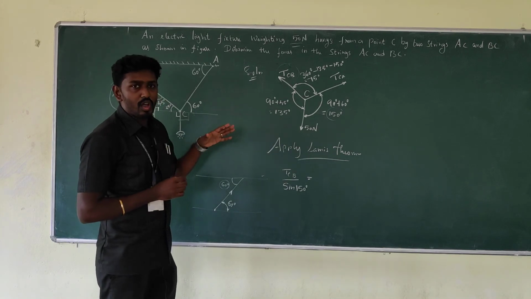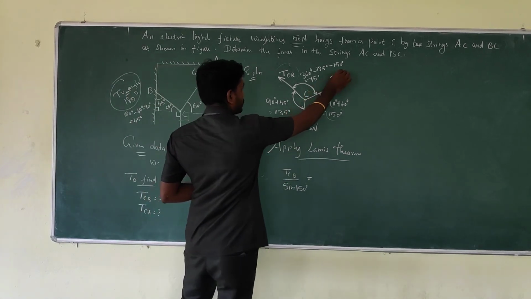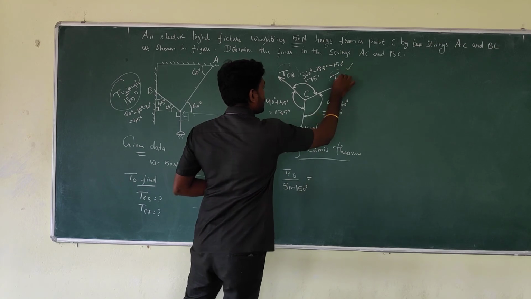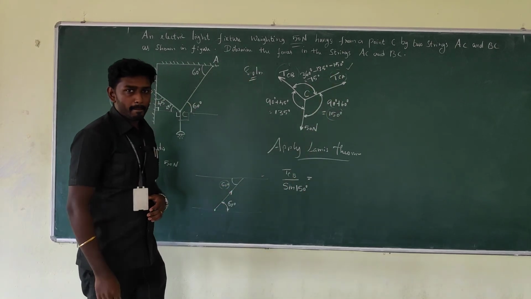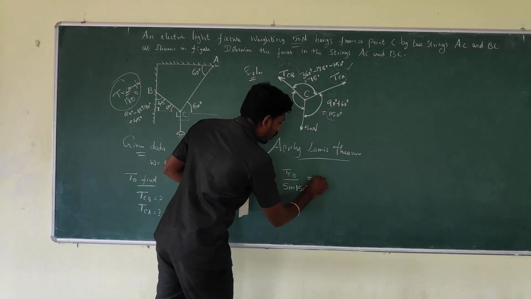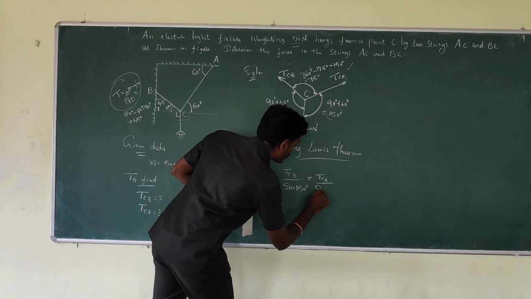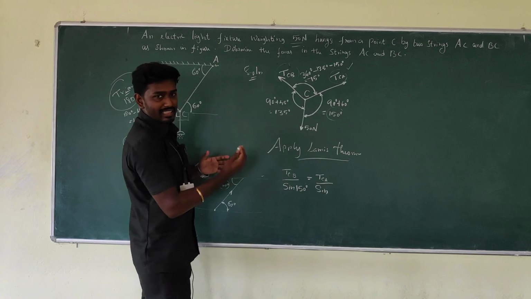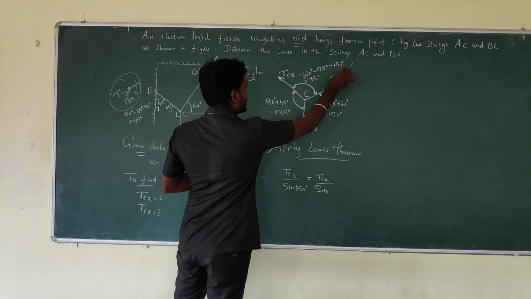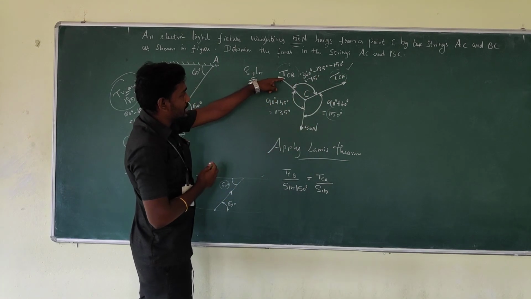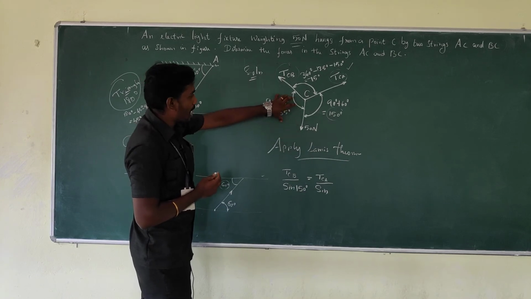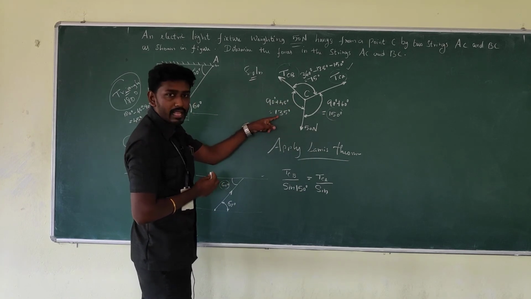And to solve another force, I am going to take this TCA. TCA force is directly proportional to the sine of the angle between the other two forces. What are the other two forces? TCB and 50. So the angle between them is 135 degree.